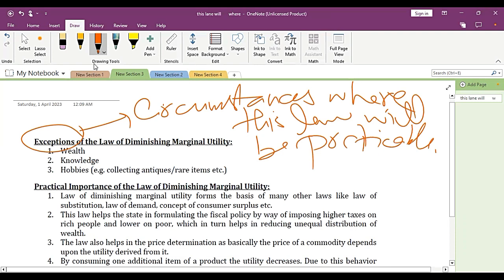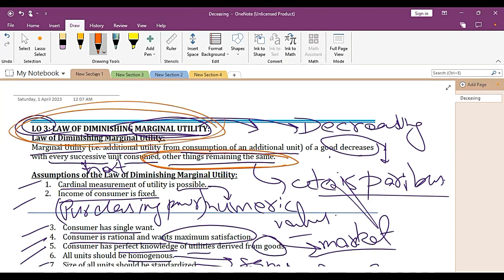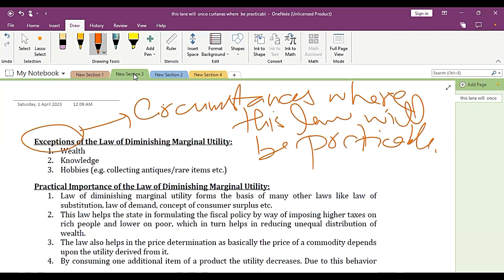These will be the same as what we studied in the definition: if all other factors remain the same. If all of these factors or some of them change, then this law will not be applied or will not be practically possible.